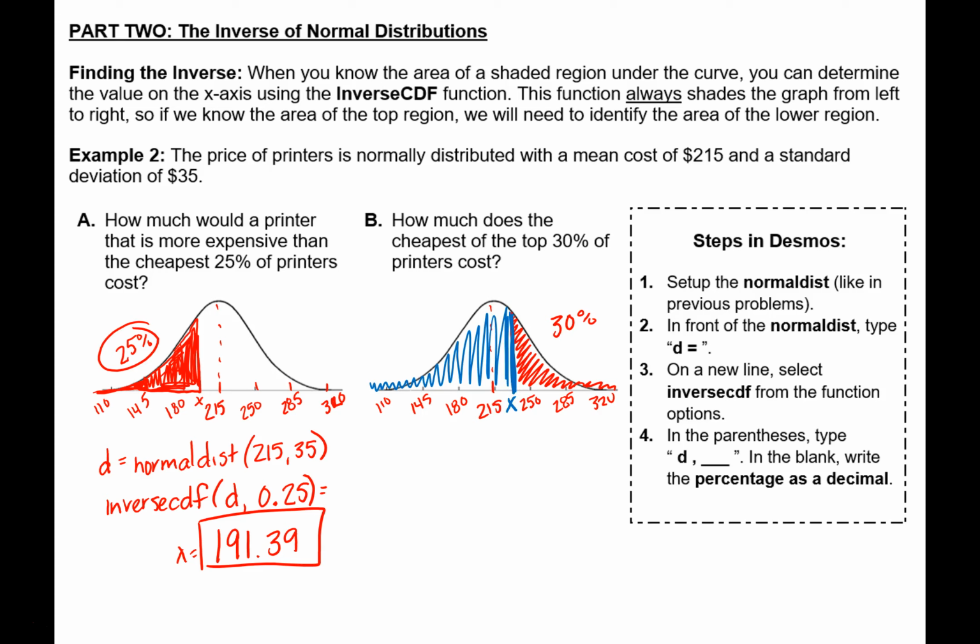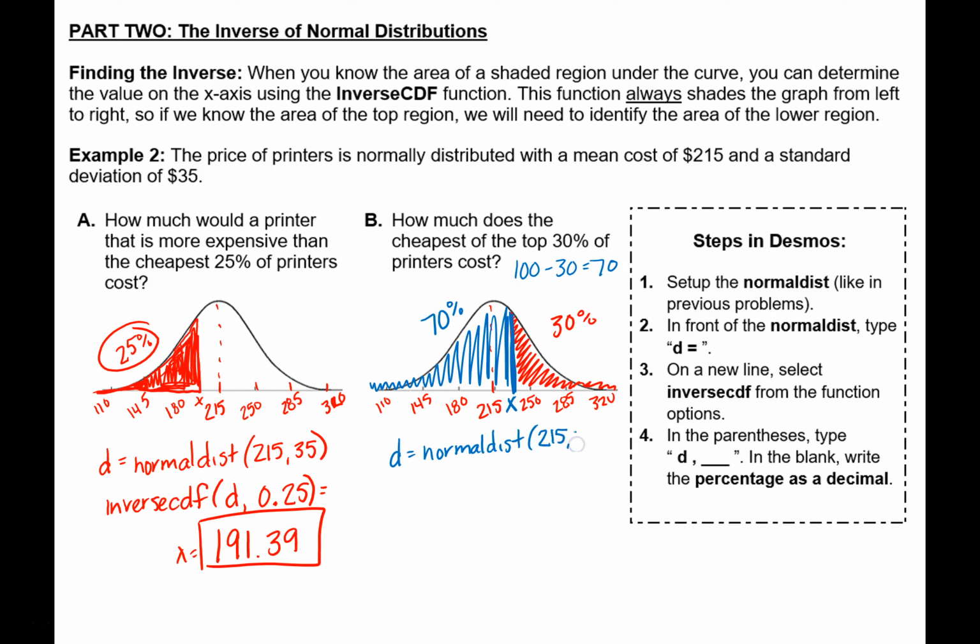The entire graph is 100%. So 100 minus 30 is 70. So that means we're looking in Desmos at this 70%. So I'm going to set up my problem the same. If I show my work, I'm going to say D is equal to the normal distribution. And I'm about to do this all in Desmos.